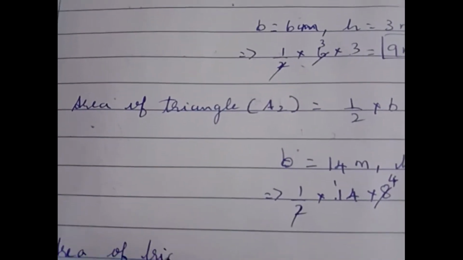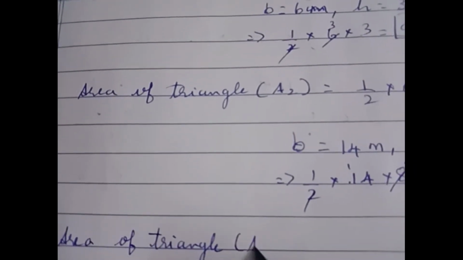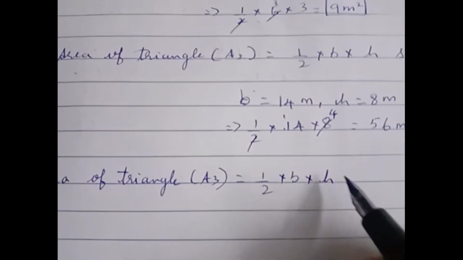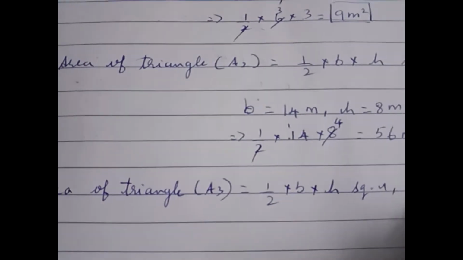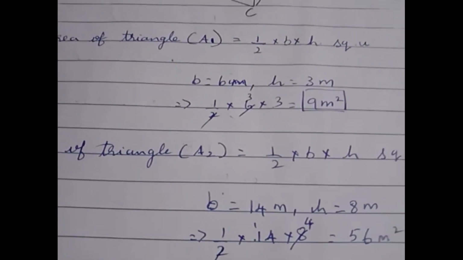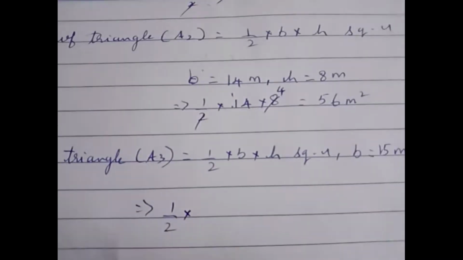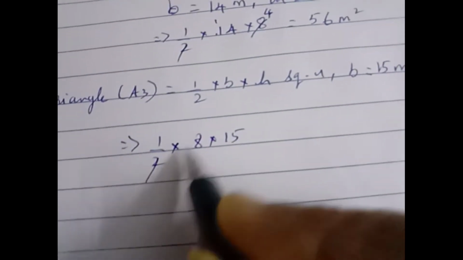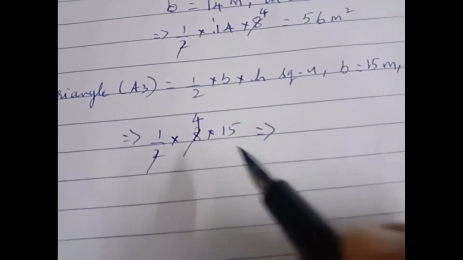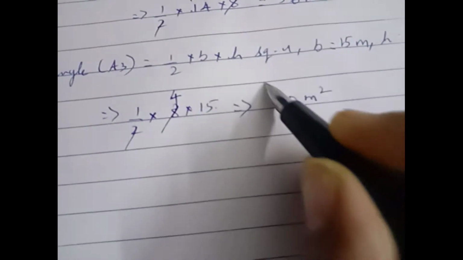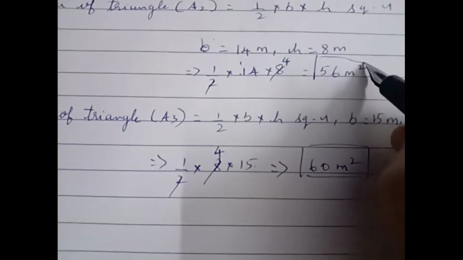Area of triangle A3 is equal to half into base into height, square unit, and here your base value is 10 plus 5 is equal to 15 meter and height value is 8 meter, which is equal to half into 8 into 15, cancel 4, which is equal to 4 5s are 20, 60. 15 into 4 is 60 meter square.